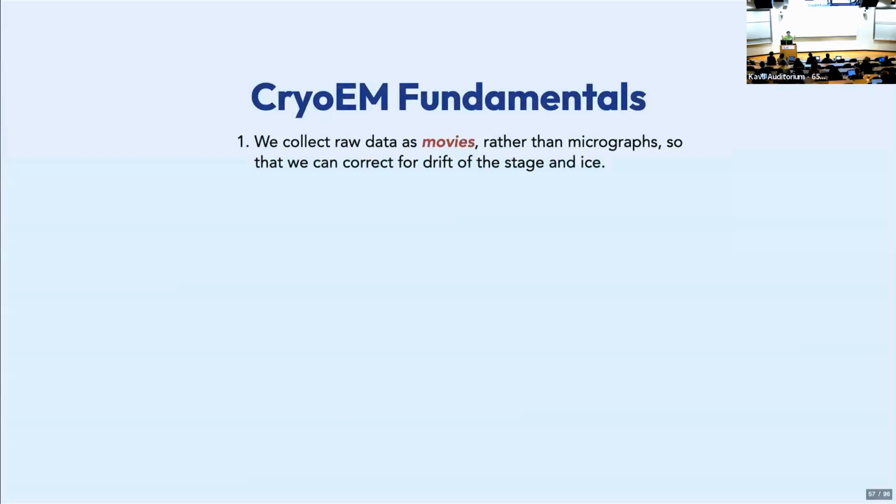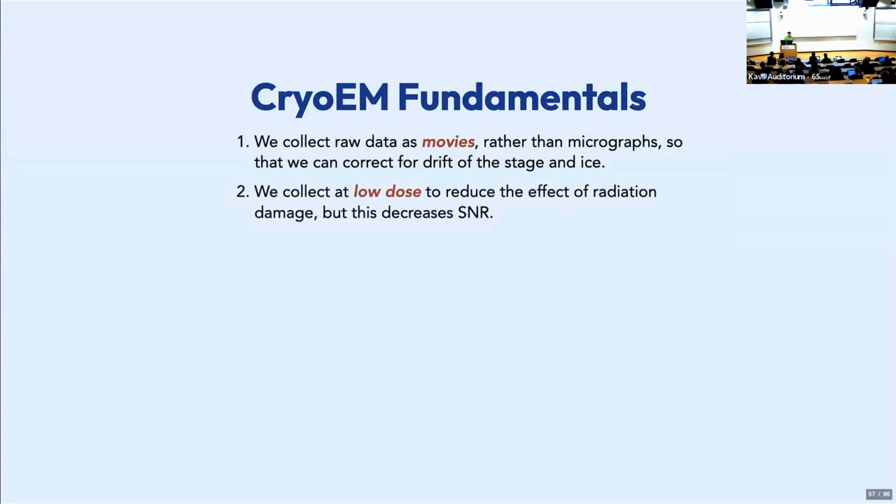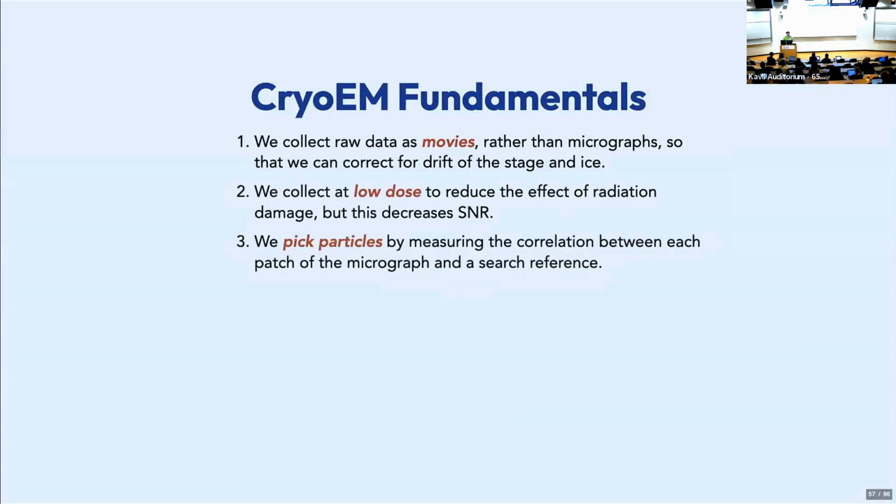So that's kind of the fundamentals, right? We collect raw data as movies rather than micrographs for the reasons we described. We collect it low dose. We're going to pick particles by just measuring how well they match some image, okay? By default, in the blob picker, we're just using a little blob. We then extract out those particles, to make processing faster and easier, or to capture more of the CTF, whatever it is.